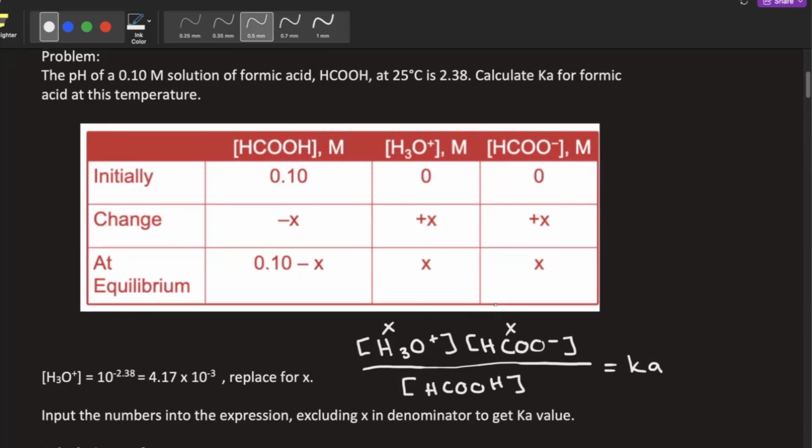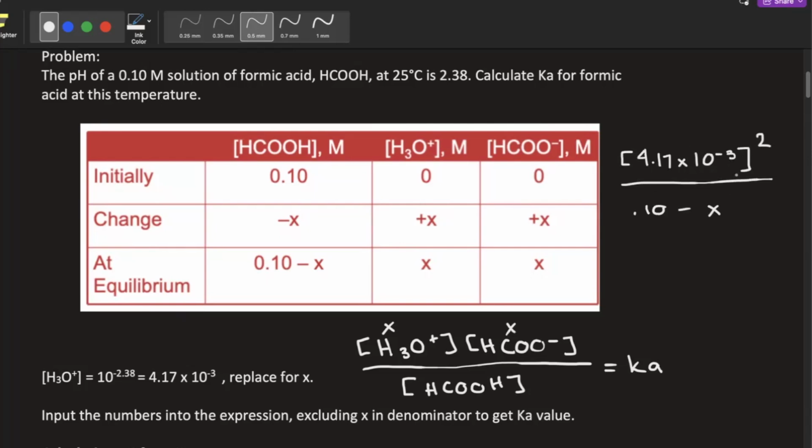So we plug those numbers into the expression, and that becomes 4.17 times 10 to the negative 3. Since we have two X's multiplying each other, we're going to square this. And then we're going to take 0.10 minus X. Now, you're going to notice that this is going to be a quadratic.